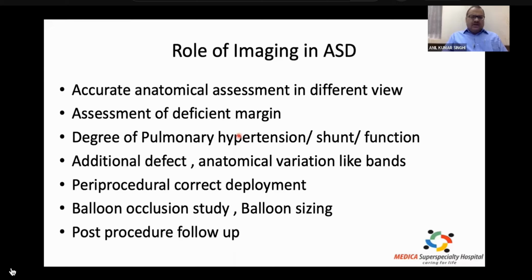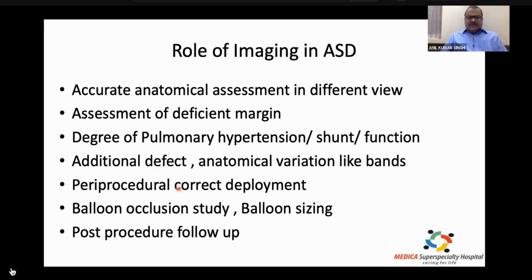that is the overall assessment, the right ventricular and left ventricular function. If there is any additional defect, like associated pulmonary stenosis, or any anatomical variation like bands, which is not very uncommon in case of ASD in small kids.